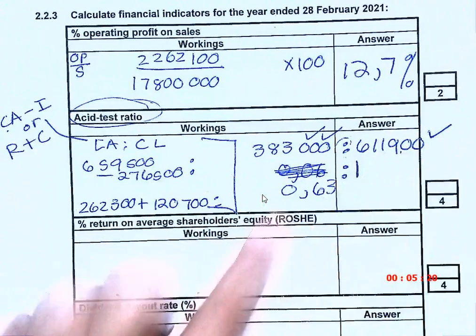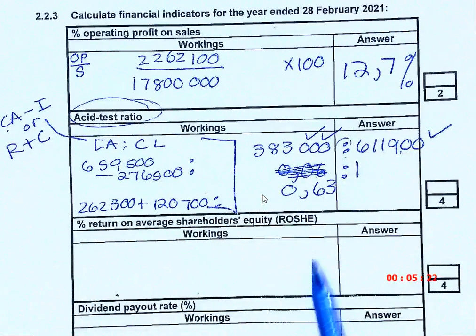Okay. So for every 1 rand I owe, I have 63 cents liquid assets. What is a liquid asset? It's already money, or very close to money. Remember, I want my debtors to pay within 30 days, so it's very close to money.